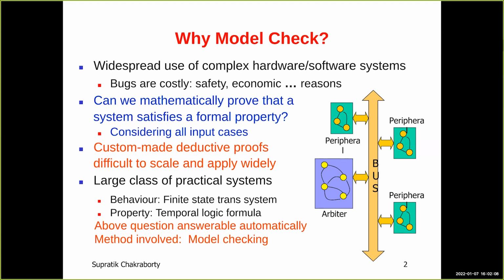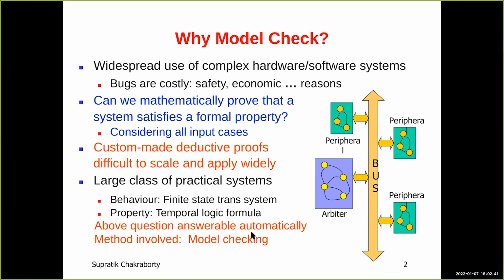And the technique we'll use for this is called model checking. As I said, when you go to complex hardware-software systems, it's difficult to establish that their behaviors are exactly identical. But what we can hope to show is that the system satisfies a certain formal property as it is being optimized or transformed, considering all input cases.